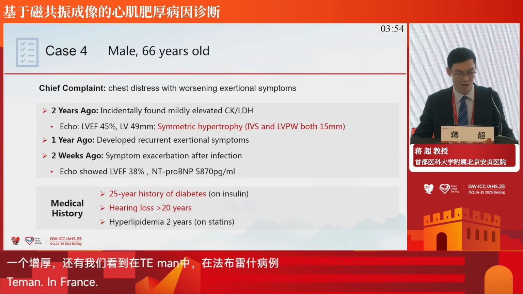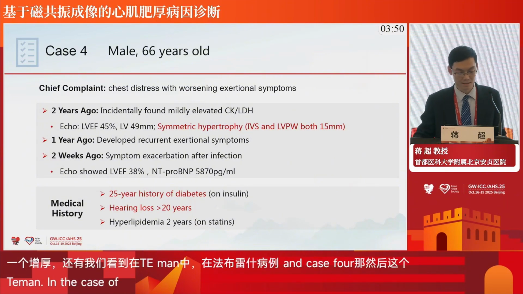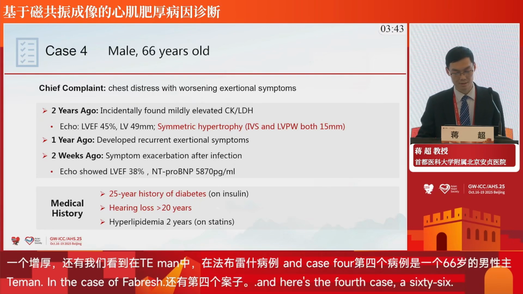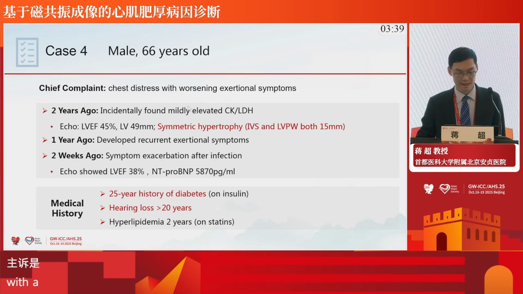And case 4, a 66-year-old male patient. The chief complaint is chest distress with exertional symptoms, and this patient also has symmetric hypertrophy.